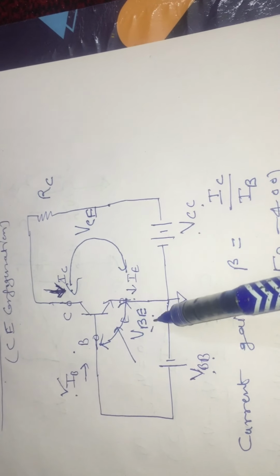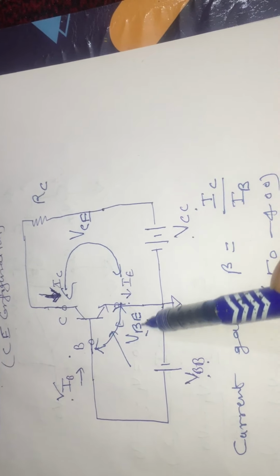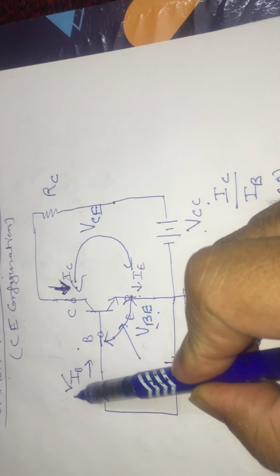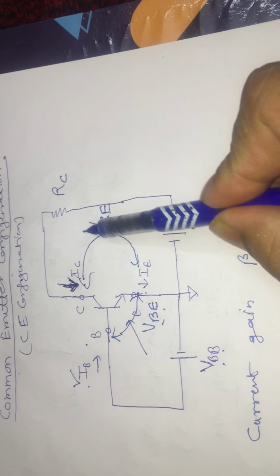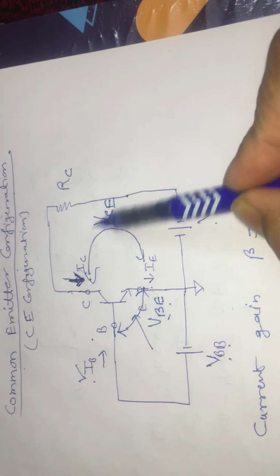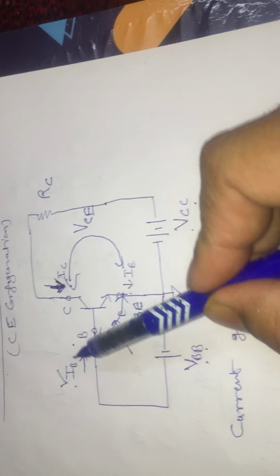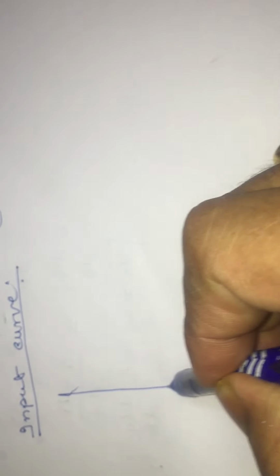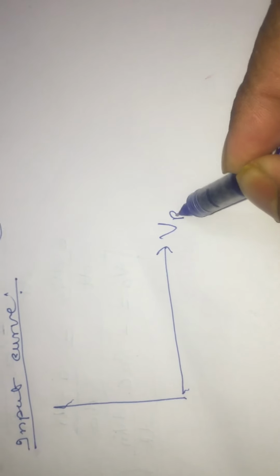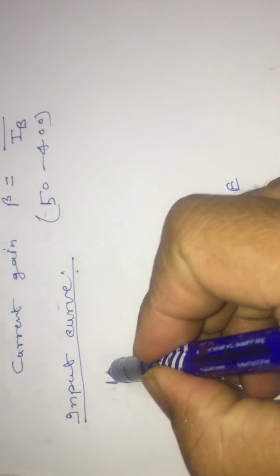It means we change the value of input voltage and measure the value of IB, taking VCE as a constant. If this value is changed, then IB will also change. Now we have to make a plot. This is voltage VBE and current is IB.